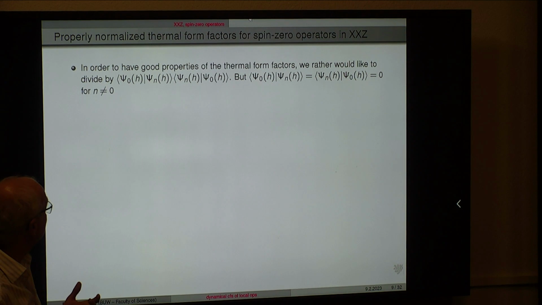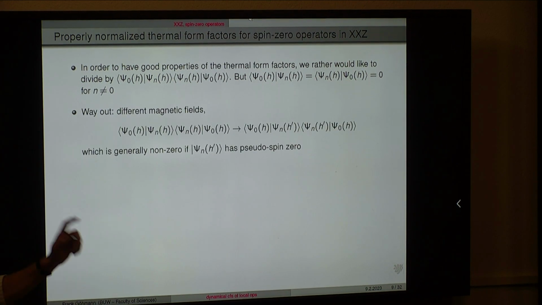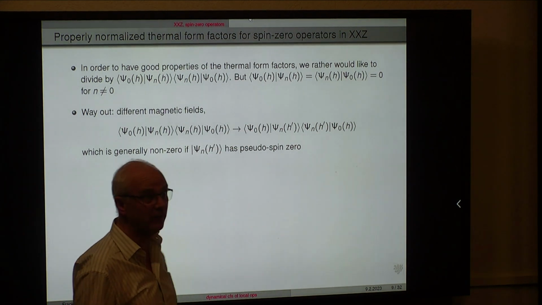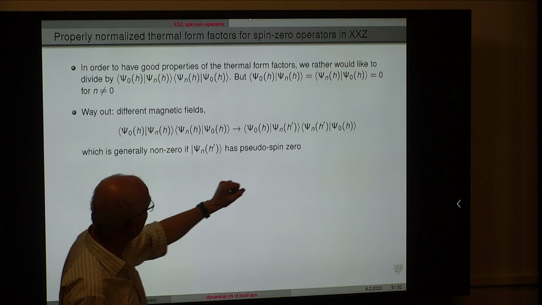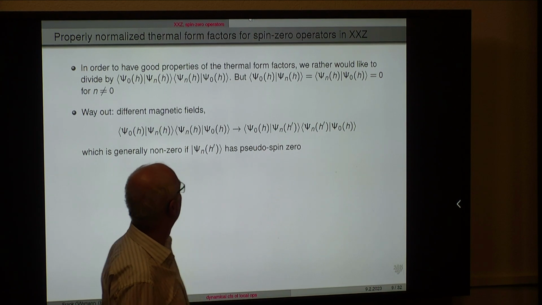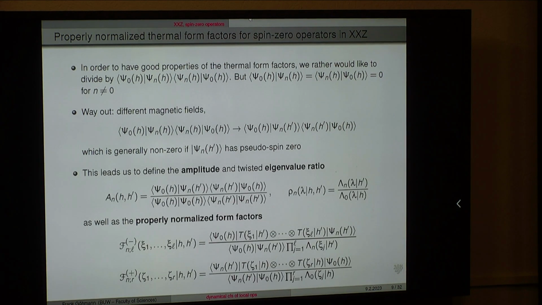I mean the two states, the transfer matrix itself, it has this U1 symmetry, and you can couple a U1 field, which I call H here, the magnetic field, and if you choose the fields differently, so for the ground state you take H, and for the other one H prime, and this is generally non-zero, and you can divide by it.